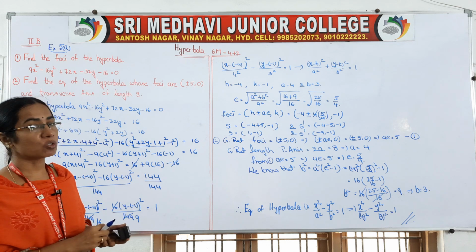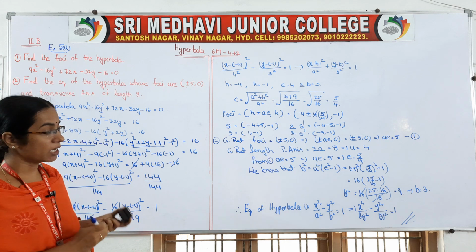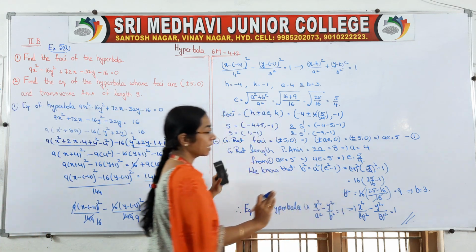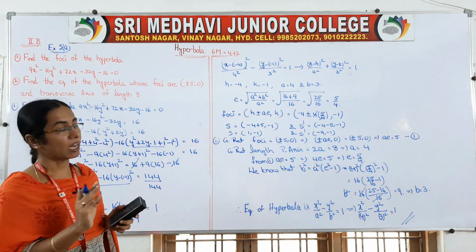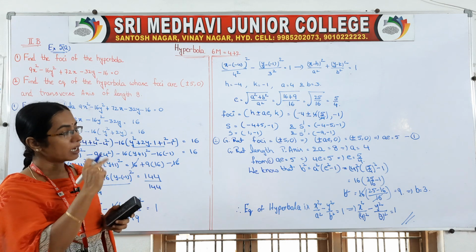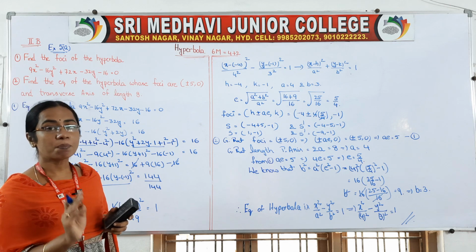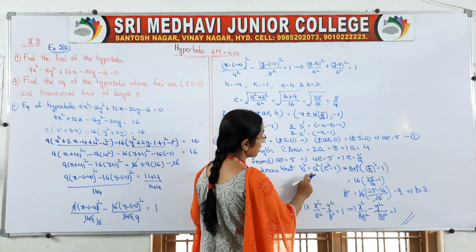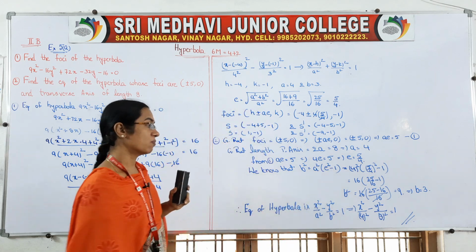What is our standard hyperbola equation? It is x square by a square minus y square by b square is equal to 1. To write the standard hyperbola equation, we need the a value and b value. We got a, right? We have to get our b. Already we got e also. By using a and e, get your b value. So for that we take one formula, b square is equal to a square into e square minus 1.